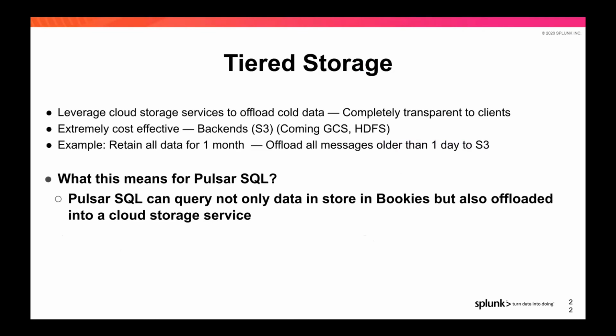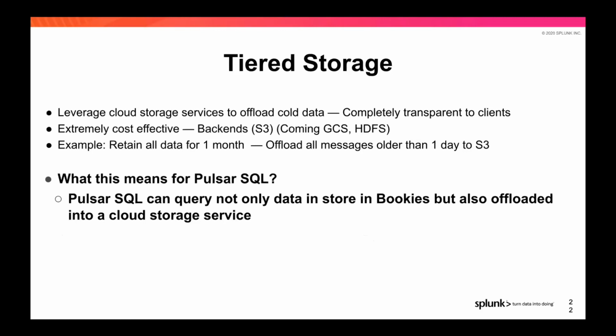So what this means for Pulsar SQL is not only can you query the data within the Pulsar storage layer, or the bookies, but it can also query the data offloaded into an object store.